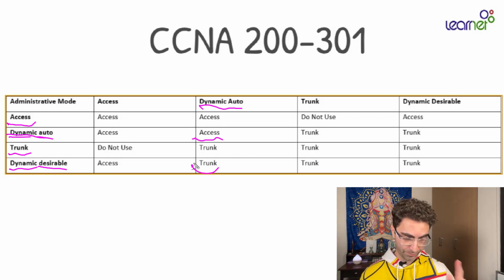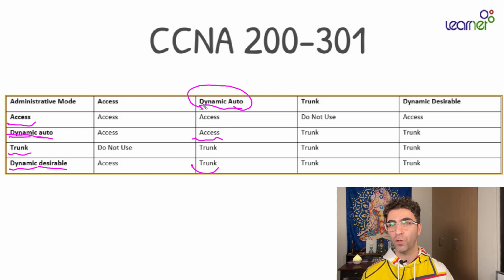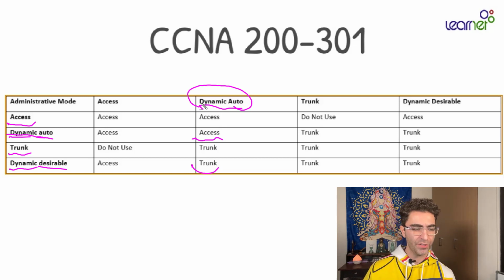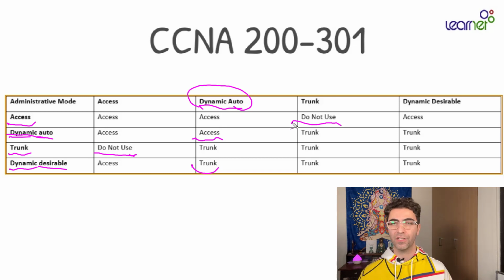And consider that dynamic auto is the default setting for all Ethernet ports on Cisco switches. Two of these cells have a do not use recommendation. If you configure one side as trunk and the other side as access, this is not recommended.